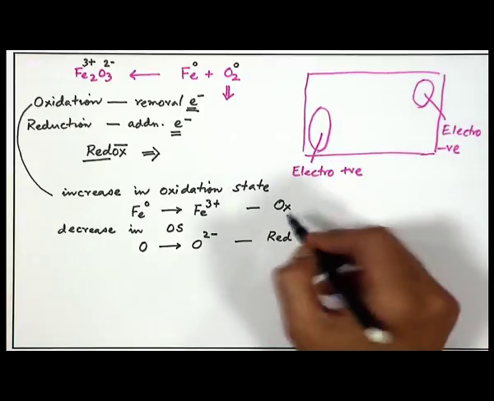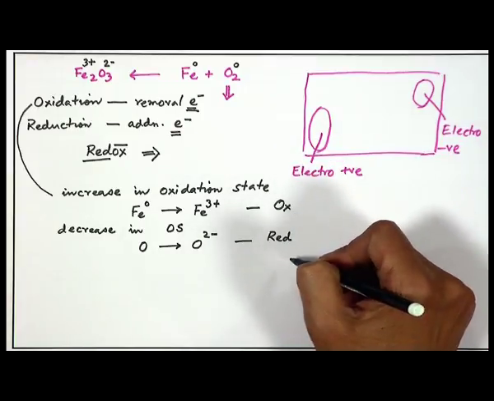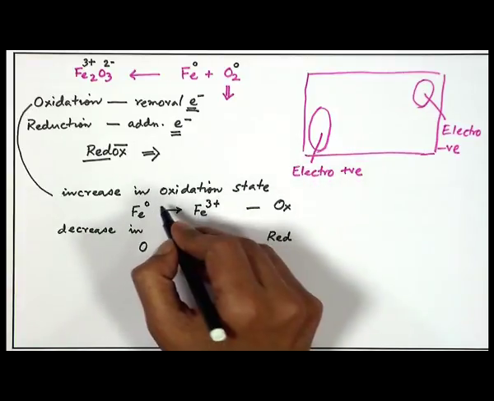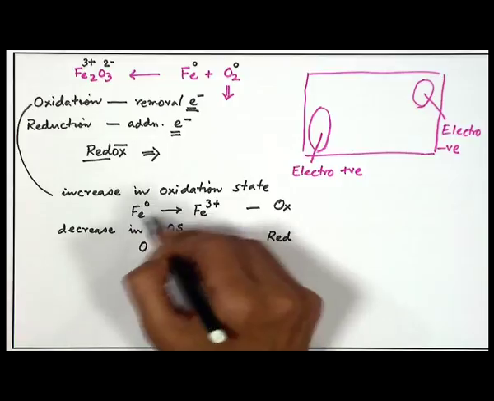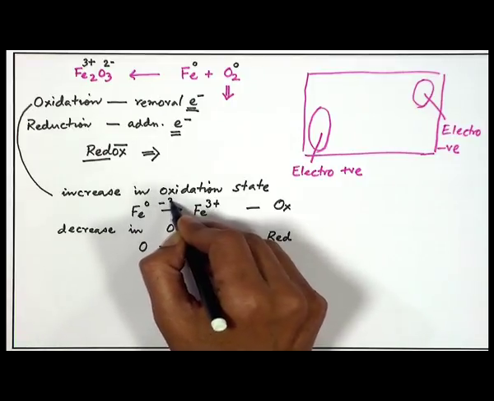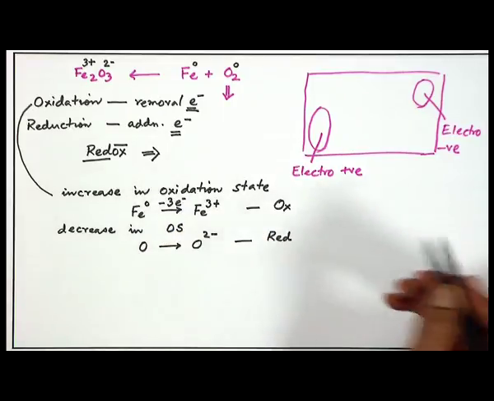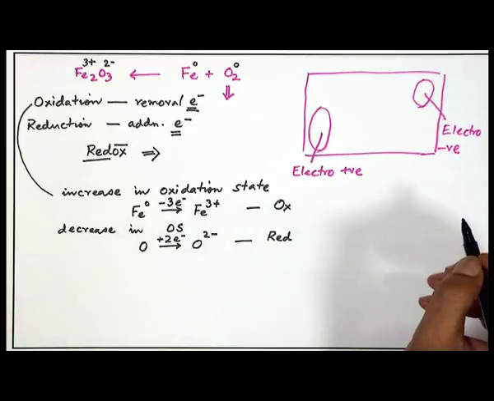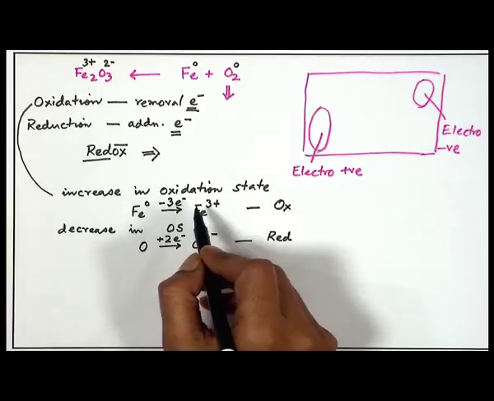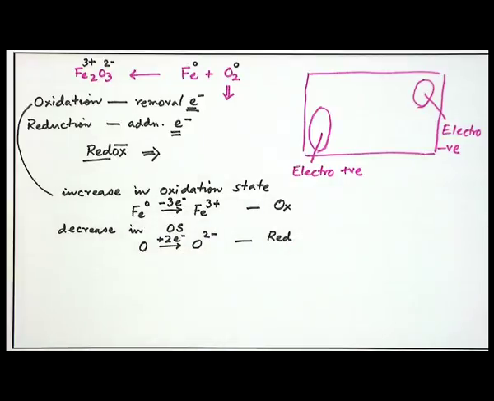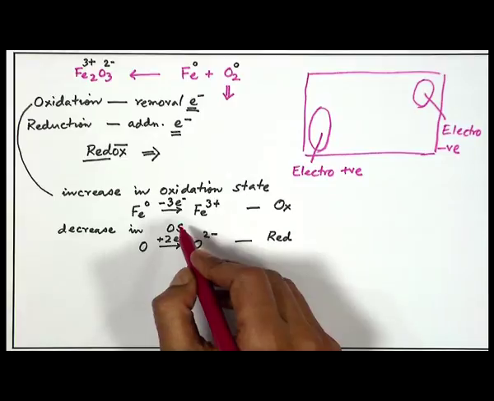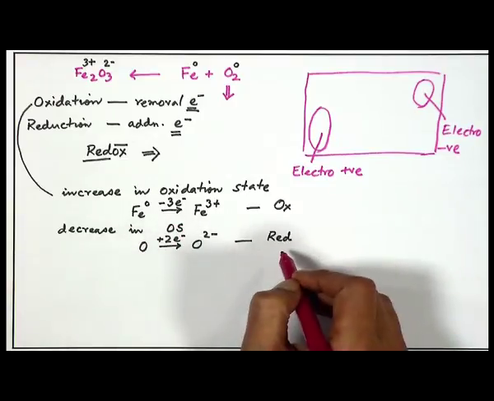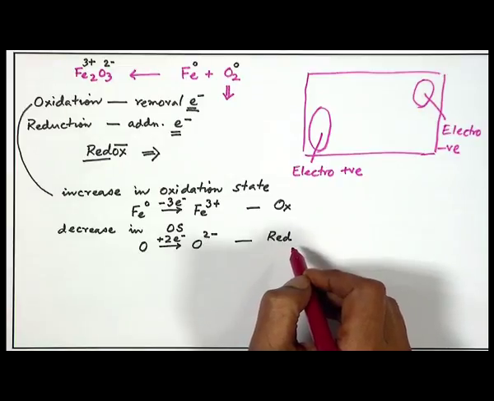When oxidation and reduction occur simultaneously, in this case it is the loss of 3 electrons, and on the other side plus 2 electrons giving O2 minus. Whenever there is a loss of electrons in a reaction, obviously that electron can be taken up by some other species, which will be reduced by gaining electrons.